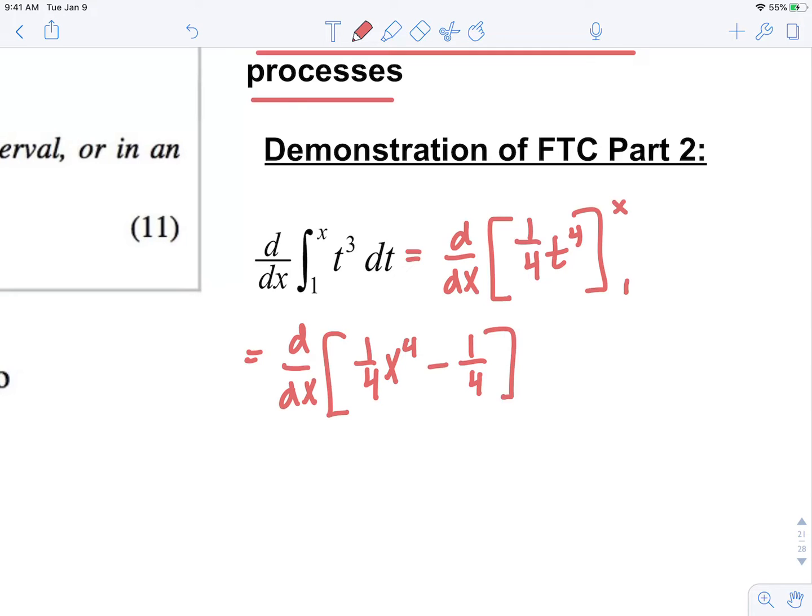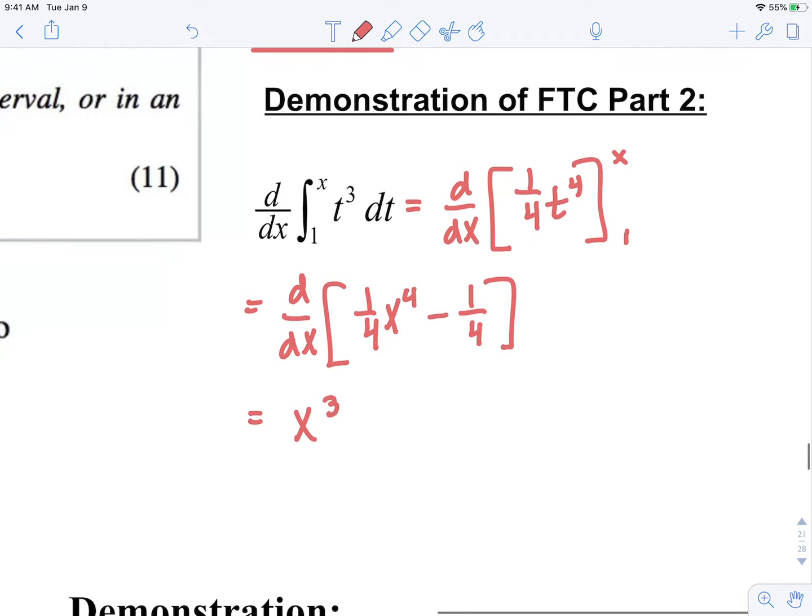So now I need to turn around and take the derivative of this function. Well, the derivative of 1/4 x to the 4th is going to be x to the 3rd, and the derivative of negative 1/4 is 0.